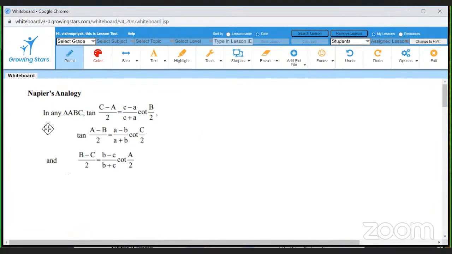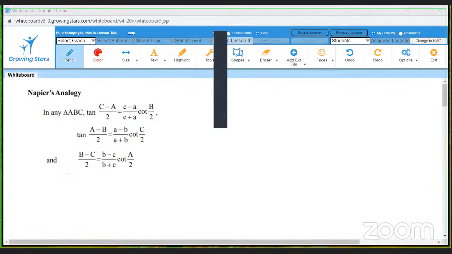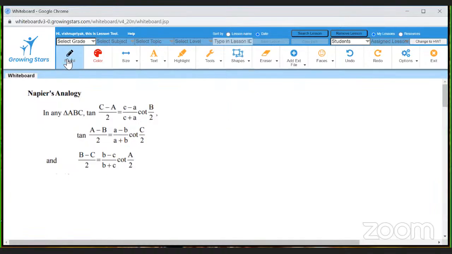Total 3 formulas in this set. Based on these formulas, I will give you one question.